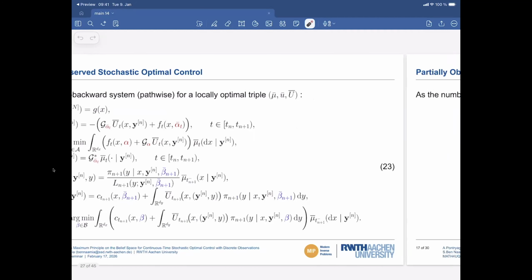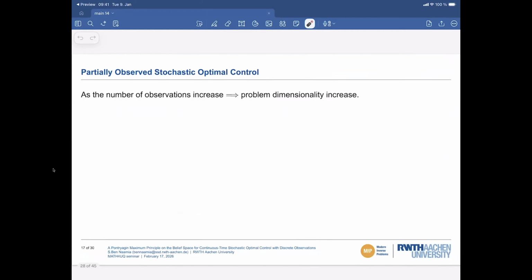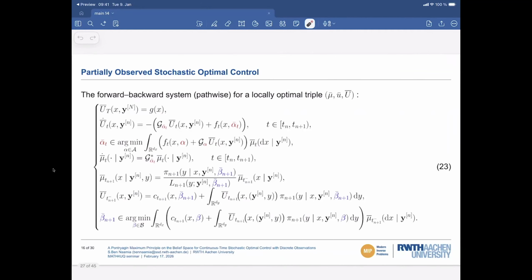So one trick here is that the system depends on x and yn. So the variable here depends on x and yn, and n is the number of observations that you have up to this time. The issue is, if this number of observations increases drastically, there isn't really a tractable way to solve this problem, unless you have an exact formulation on how to solve it.